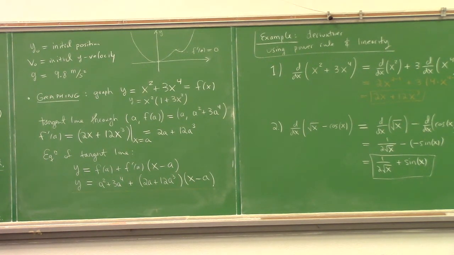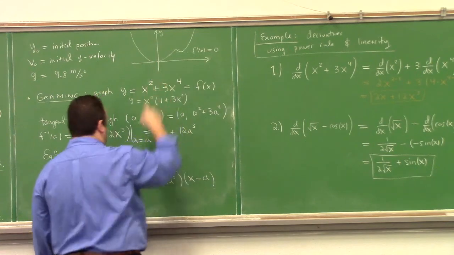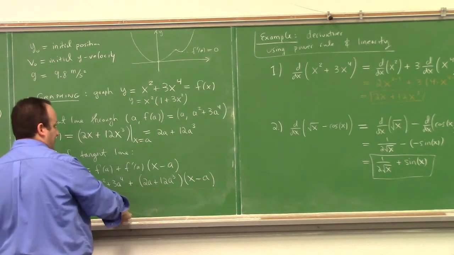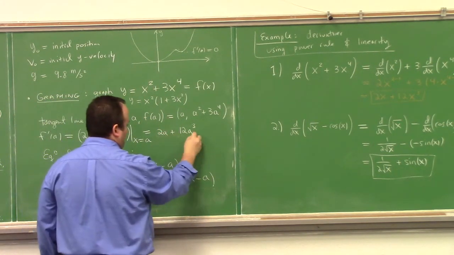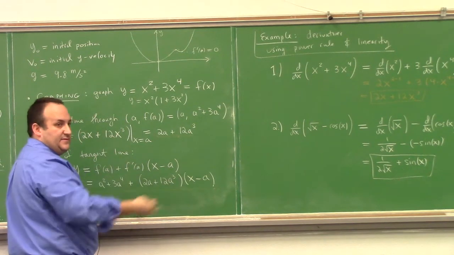Is the derivative 0 for this graph anywhere? I think it's 0 at one point. At here? Yeah, I think that's going to be the case, but let's work it out, right? Here's the derivative. Set that equal to 0. What do you get?